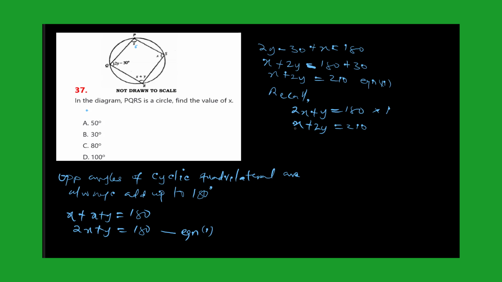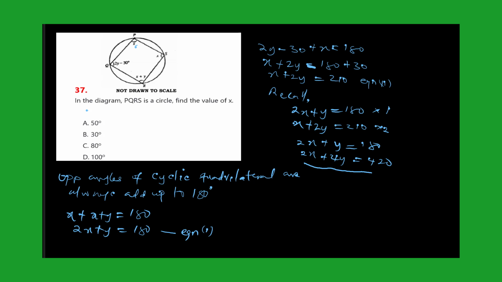Then multiply the second equation by the coefficient of x in the first, which is 2. So 1 times 2x will be 2x. 1 times y is y. 1 times 180 is 180. Then 2 times x will give us 2x. 2 times 2y will be 4y. Then 2 times 210 will be 420.